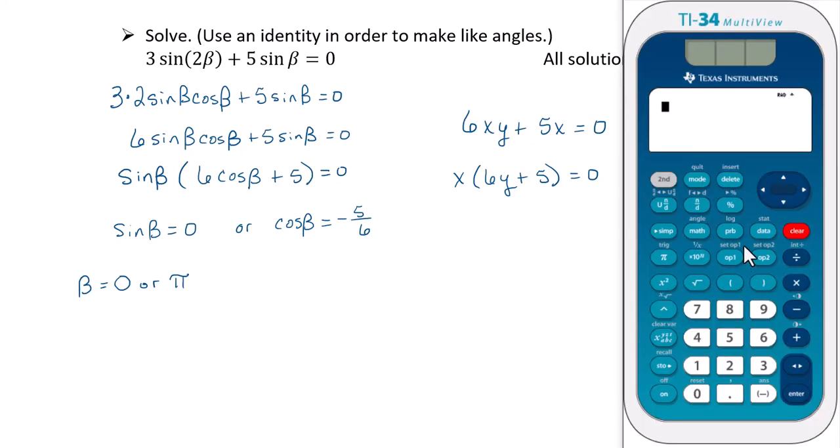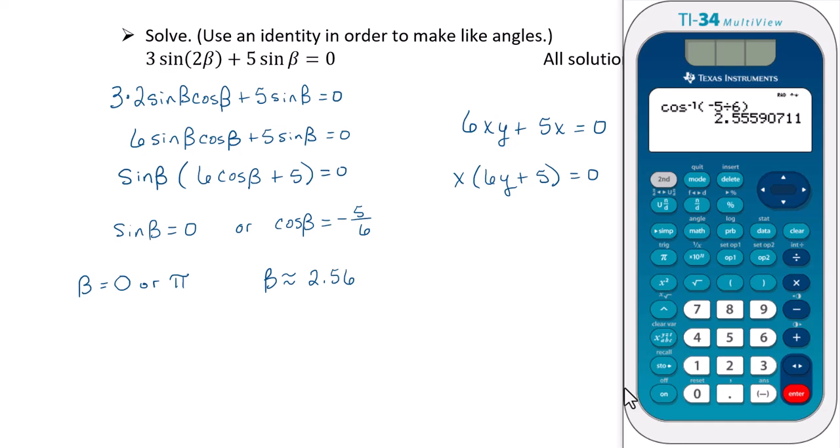Making sure that we're in radian mode, I go into the trig menu and pick up the inverse cosine function of negative 5/6, and I get about 2.56 radians. So beta is approximately 2.56 radians.